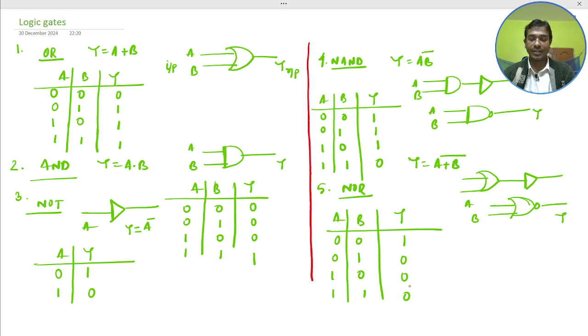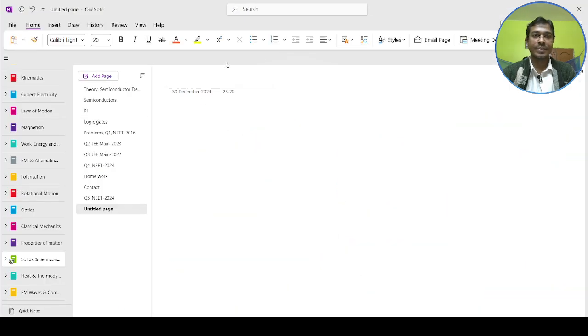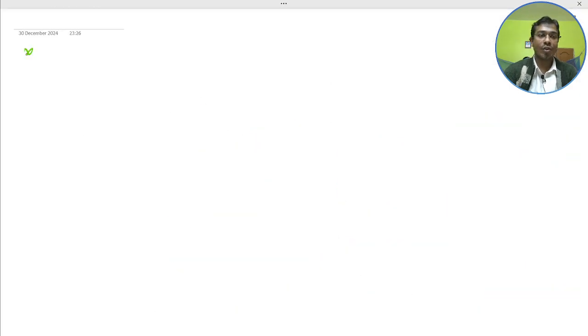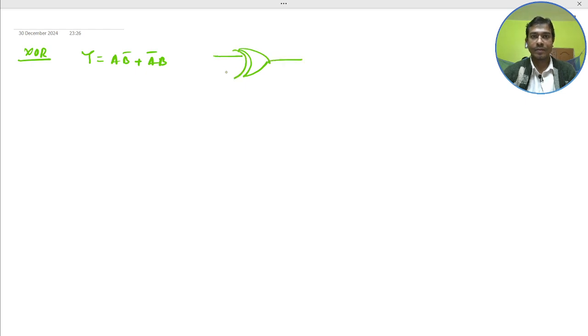And the next one is the XOR and the XNOR. The XOR operation means the Y output is A B bar plus A bar B. So the gate symbol here, this one, has inputs A and B and the output Y. This is the XOR gate.